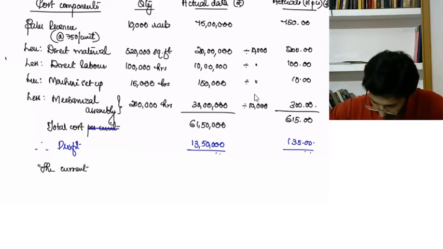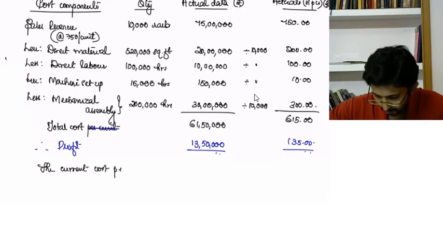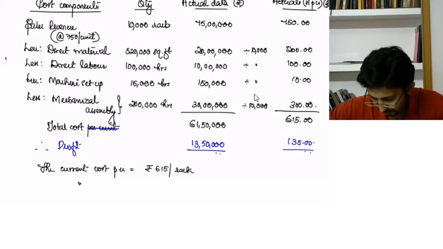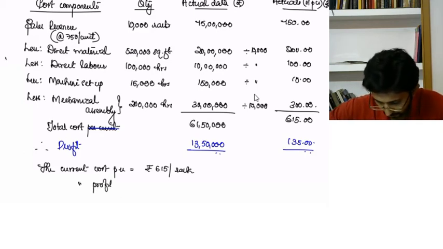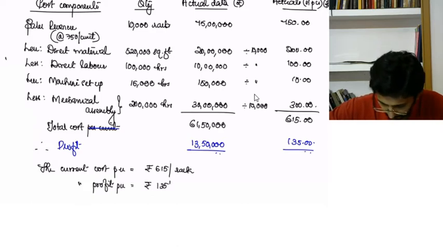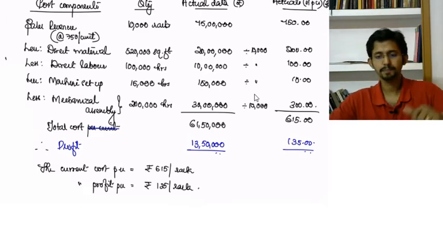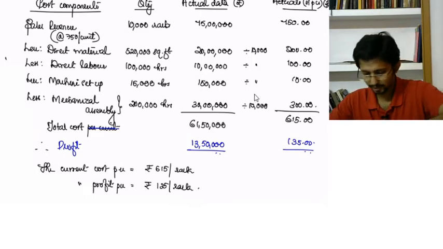The current cost per unit is equal to rupees 615, and the current profit per unit will be rupees 135. Okay, so this is the computation.